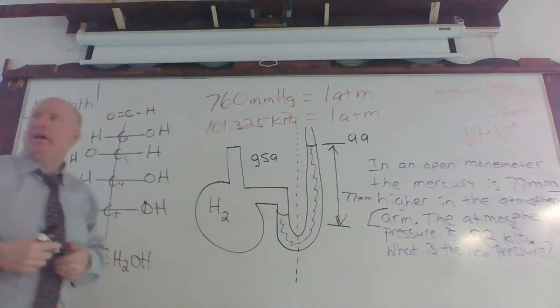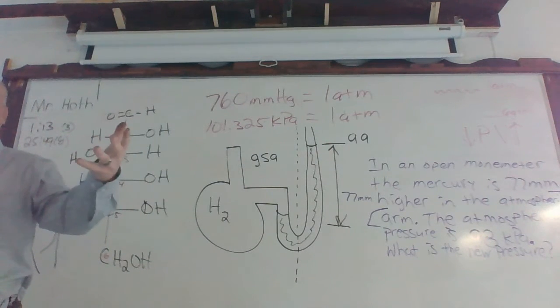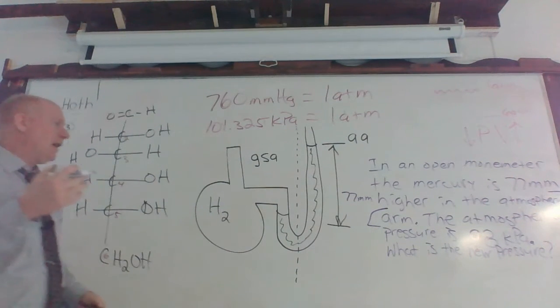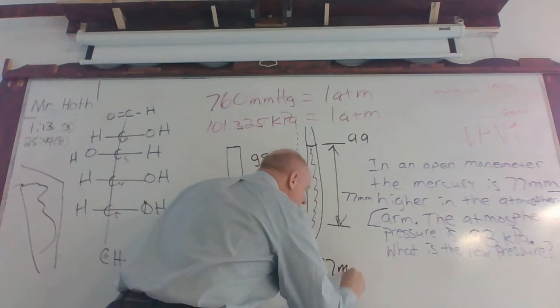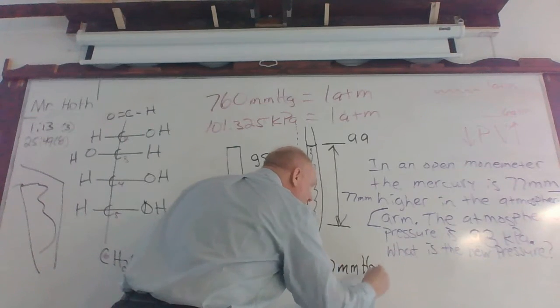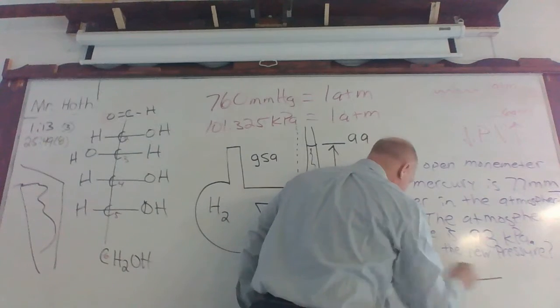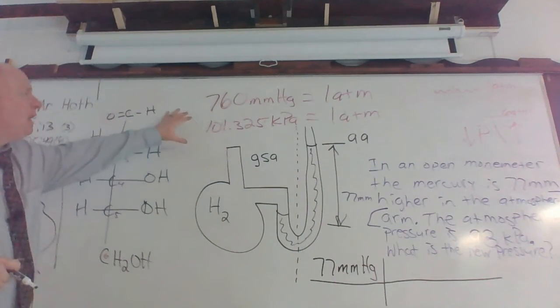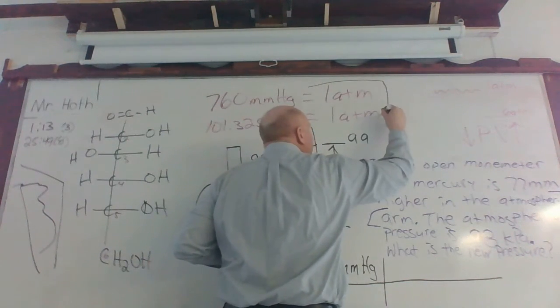So using dimensional analysis, just like what we've been doing pretty much all along since August, we're changing grams to moles, the same type of concept. You're canceling out your factors. So if we have 77 millimeters of mercury, we need to get that to kilopascals. One way we can do that is moving in this direction.